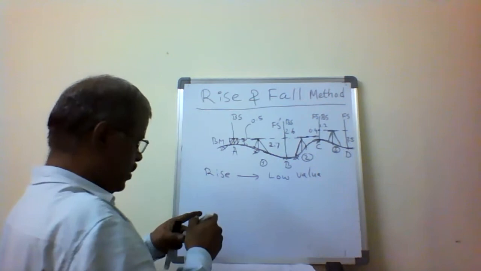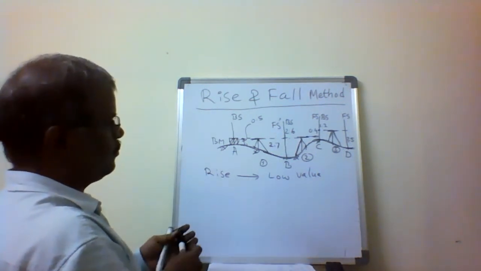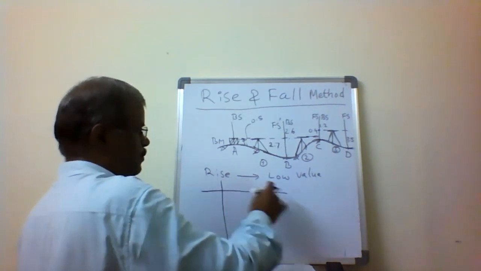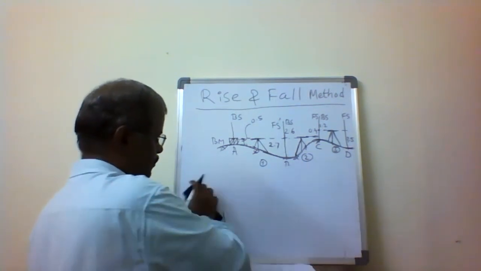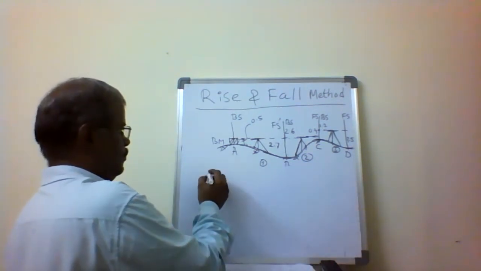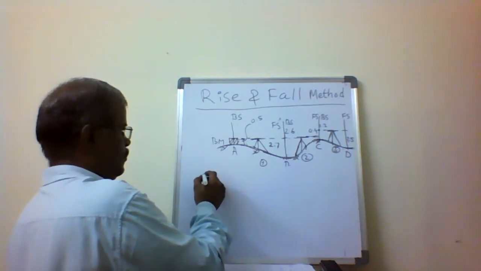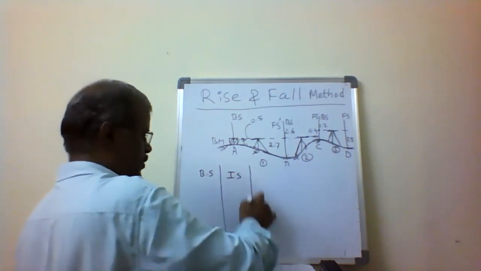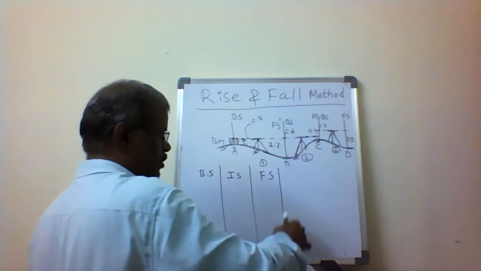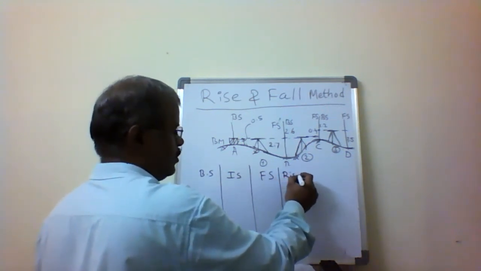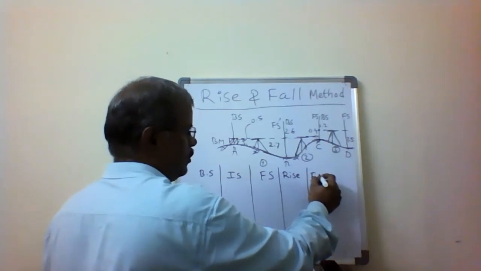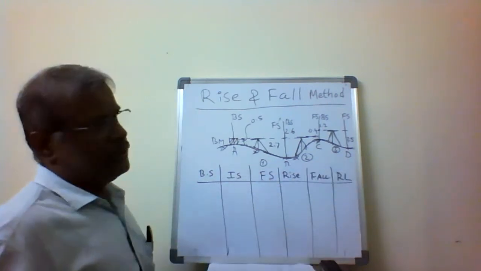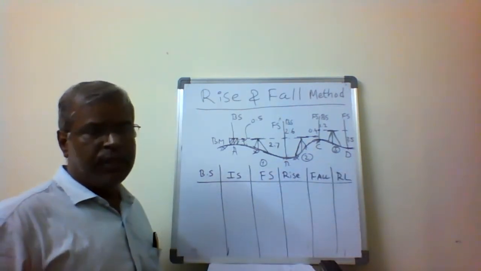If you enter into the tabular column: backsight reading, intermediate sight, foresight, rise, fall, RL. So this is the tabular column for the rise and fall method.